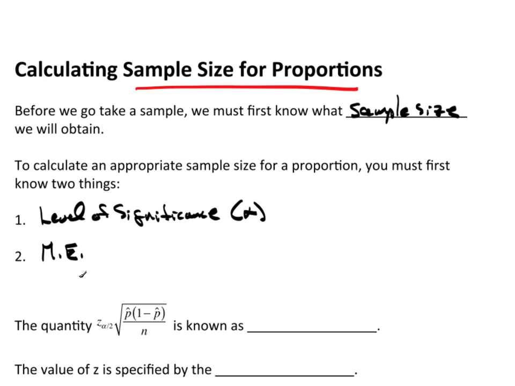So in other words, if you say, hey, I want to go get a sample and I need to have a confidence interval such that the margin of error is no more than 2%. I want to have my estimate within 2%. Well, that means the margin of error is 2%. Now this quantity right here is known as the margin of error.